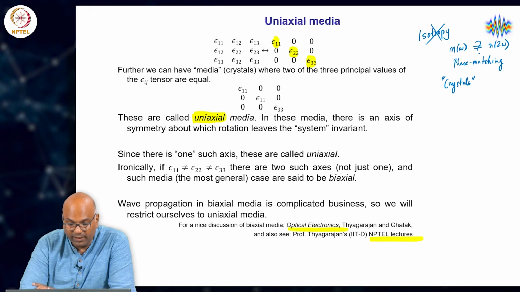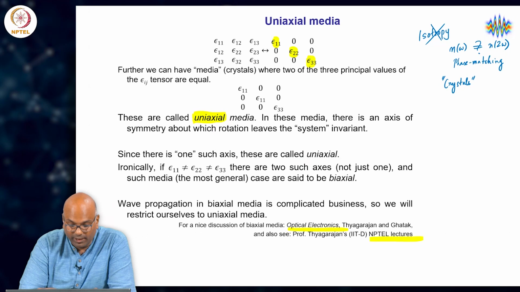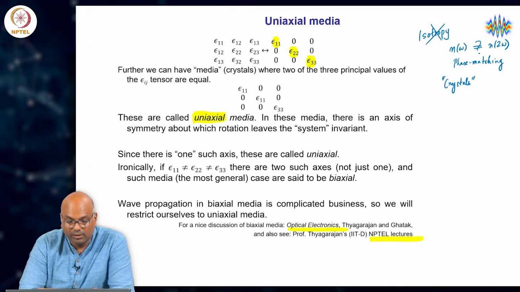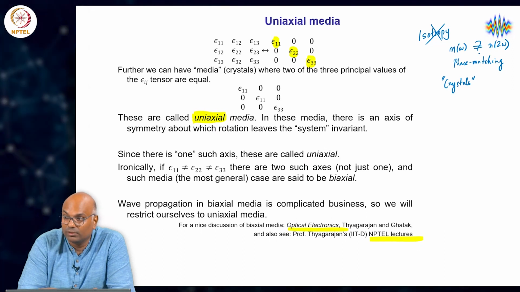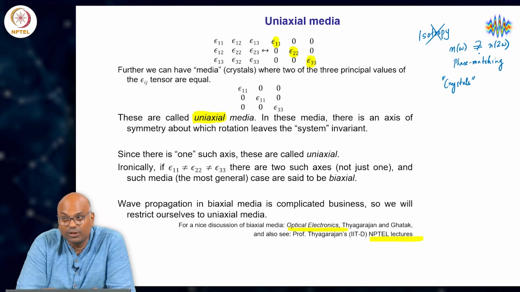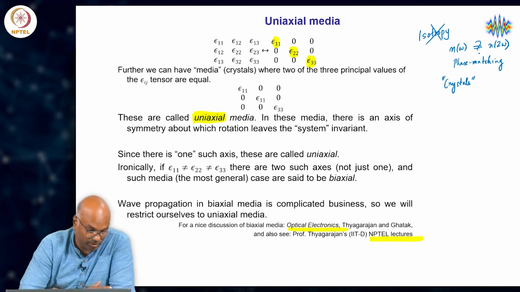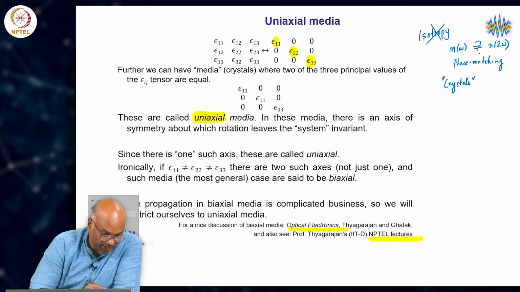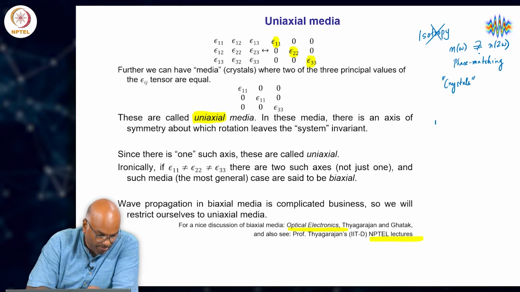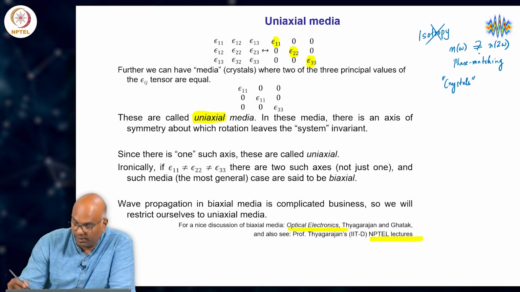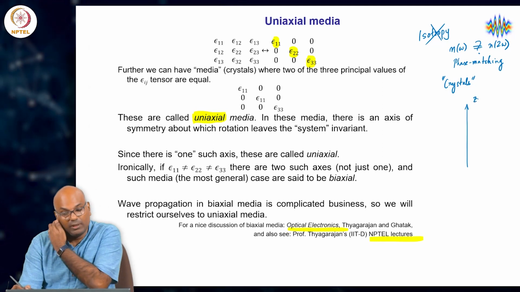So, in these media, why are they called uniaxial media? In these media, there is one axis of rotation, okay, about which when rotated the medium remains invariant. The whole point being that there is some special direction. Let us label this as z.